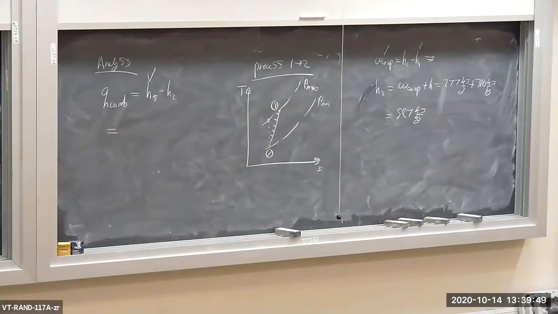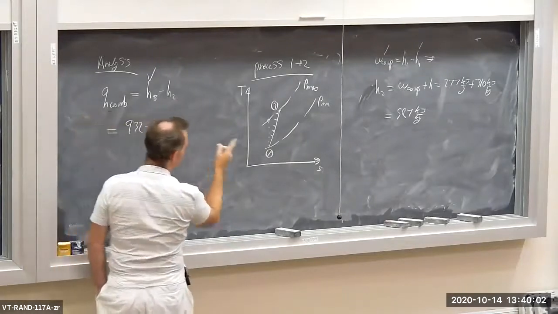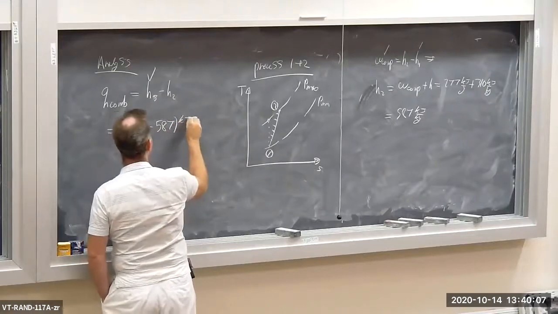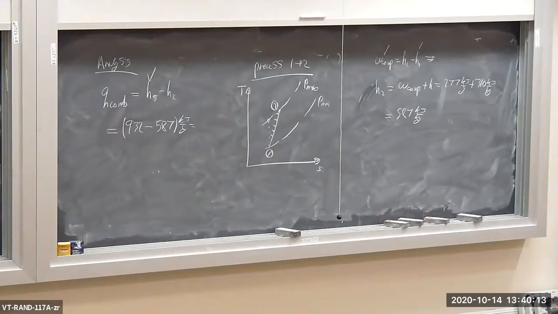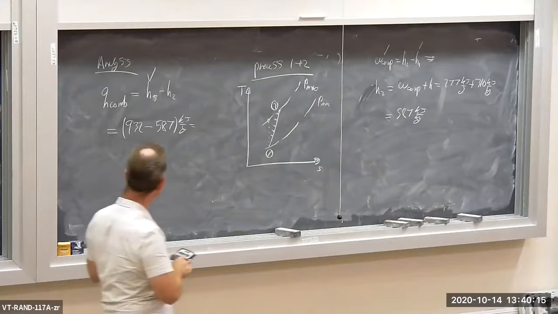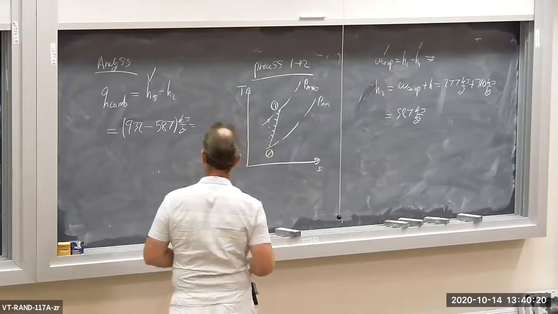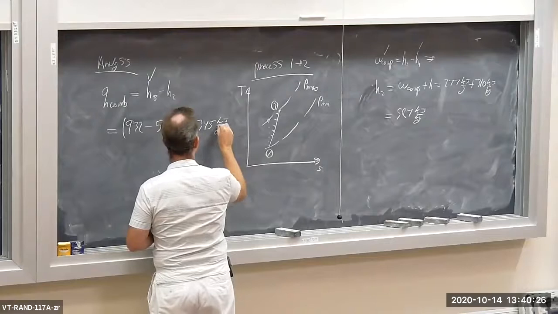h3, as I recall, was h at temperature T3, which was 900 degrees. So I get 932 kilojoules per kilogram. 932 minus h2, which is 587 kilojoules per kilogram. Heat addition is 932 minus 587, or 345 kilojoules per kilogram of airflow.